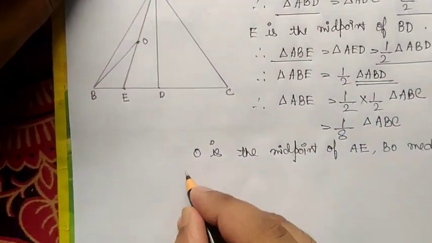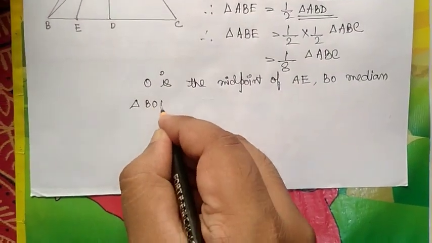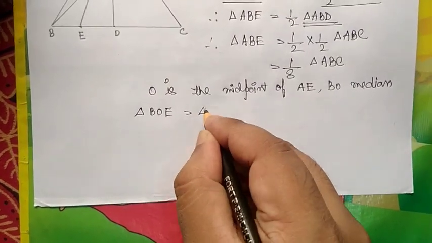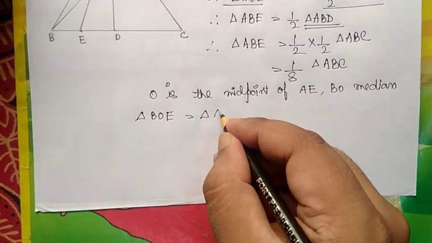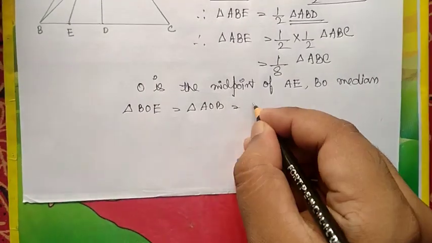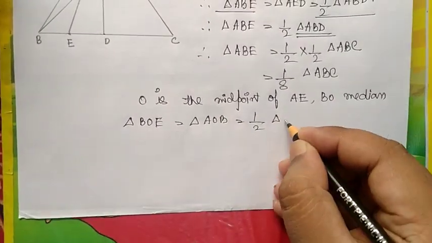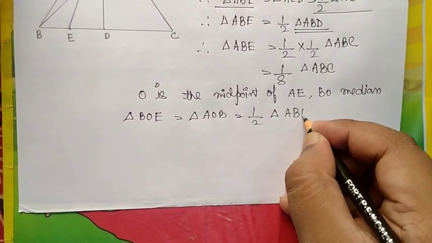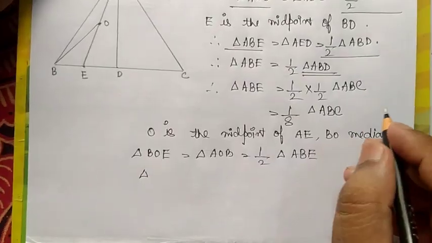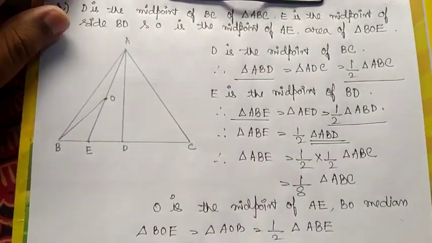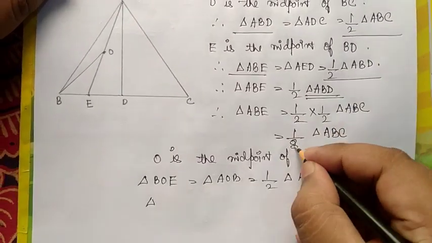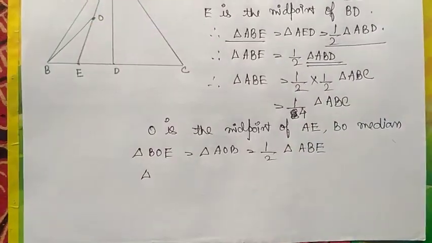So therefore we can say that triangle BOE equal to triangle AOB equal to half of triangle ABE. Okay, one more thing here, 2 into 2 should be 1 by 4.